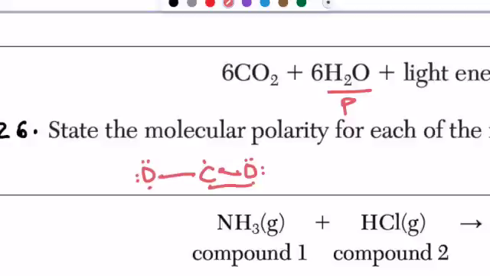So the bonds are going to look something like this. So that means if I draw this neatly, then each carbon has 2 bonds with the oxygens. So when you do the symmetry test, both sides kind of look the same. So carbon dioxide is actually going to be nonpolar because it's symmetric.